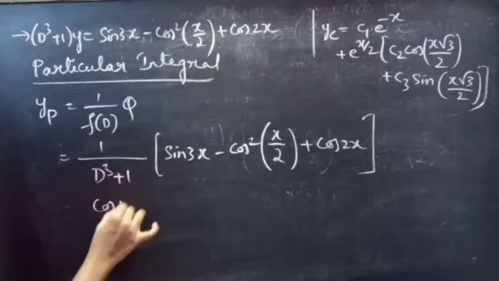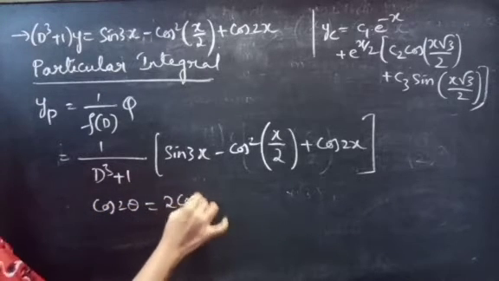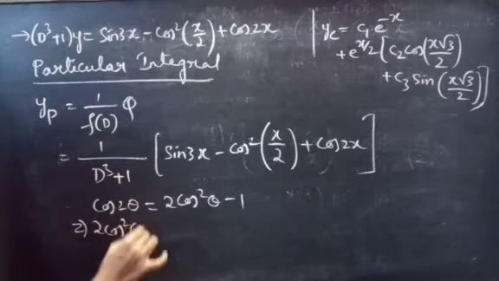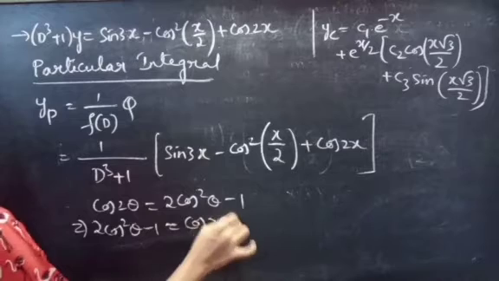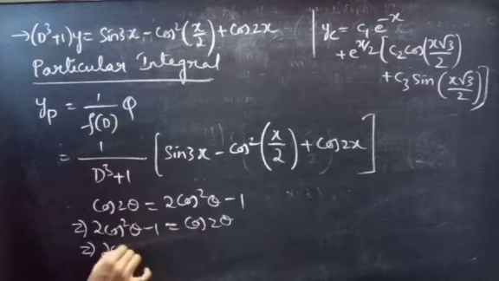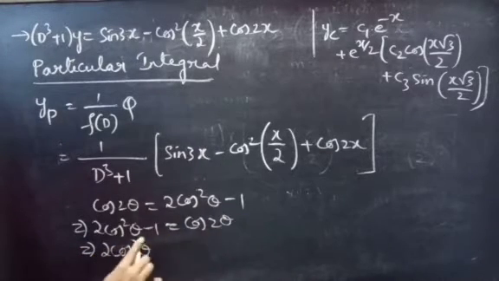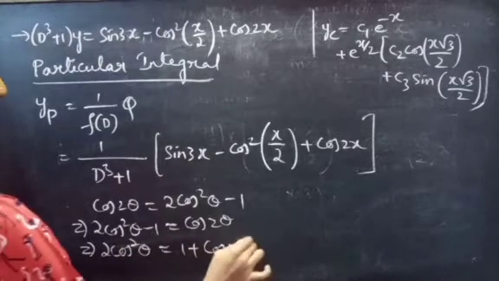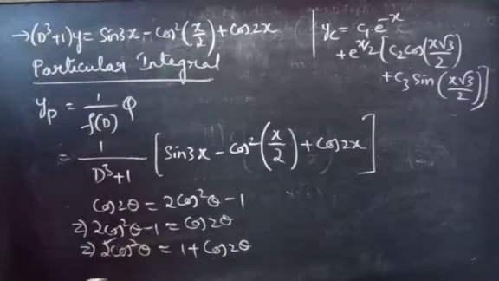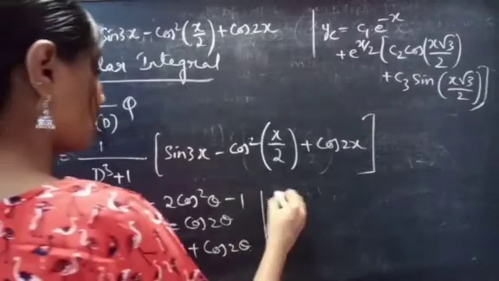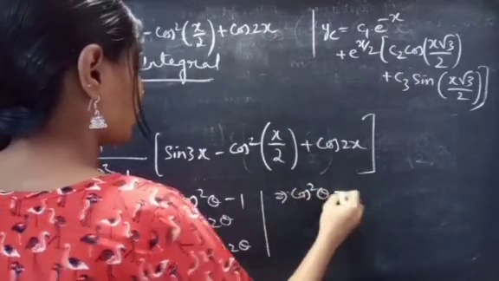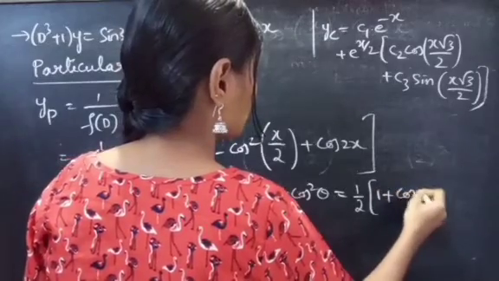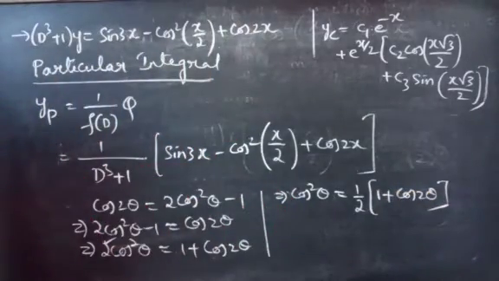We know that cos 2 theta equals 2 cos square theta minus 1. Now take this minus 1 to the RHS, then you'll have 2 cos square theta equals 1 plus cos 2 theta. Now take this 2 to the RHS, you'll get cos square theta equals 1 by 2 into 1 plus cos 2 theta, right?